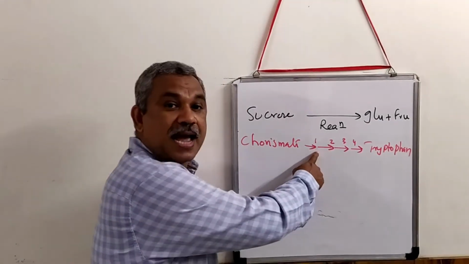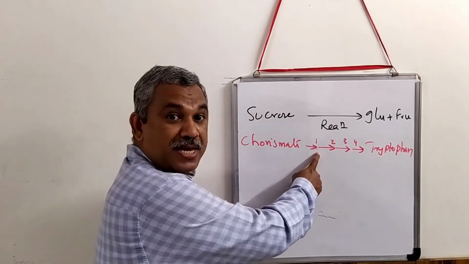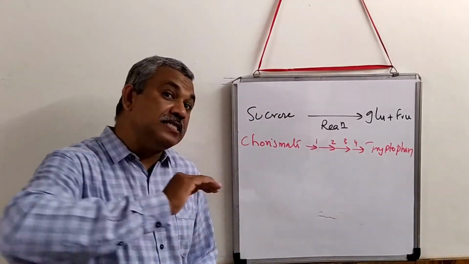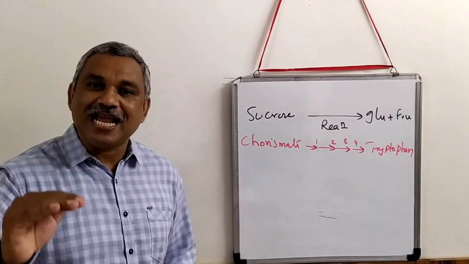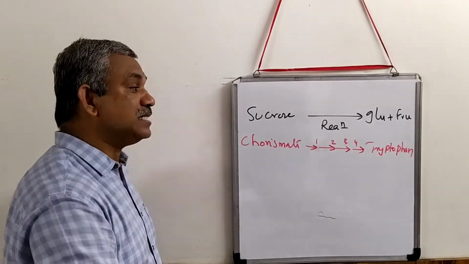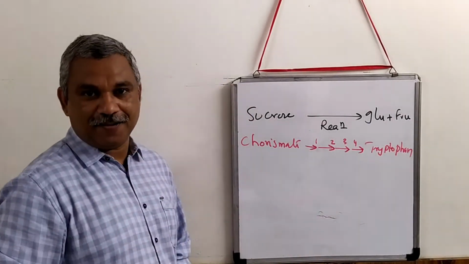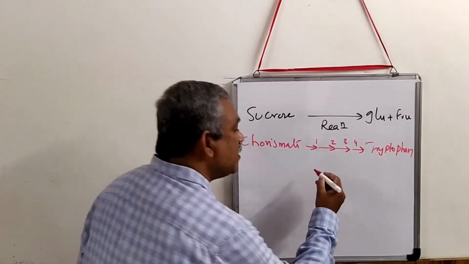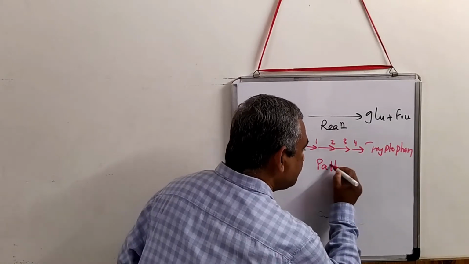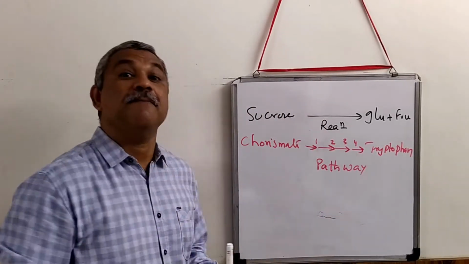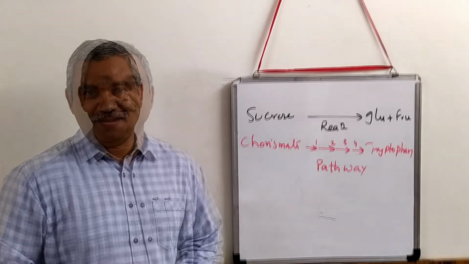So individual reactions are not going to give a meaning. It is the collection of the sequences of reactions that will give meaning to this formation of tryptophan. Such reactions, we call a pathway. We call it a metabolic pathway.